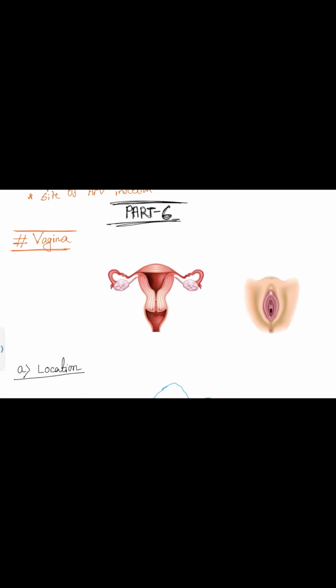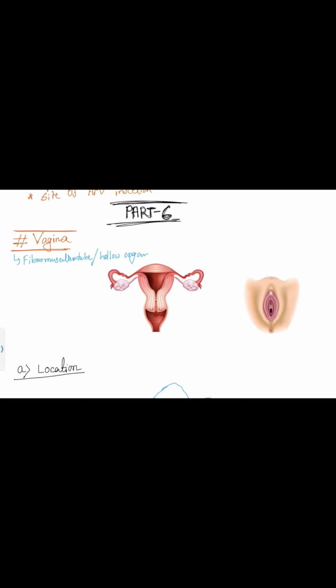So what is the vagina? The vagina is a fibromuscular tube, or you can say it is a hollow organ. Now you have to specify from where to which region this vagina is located.